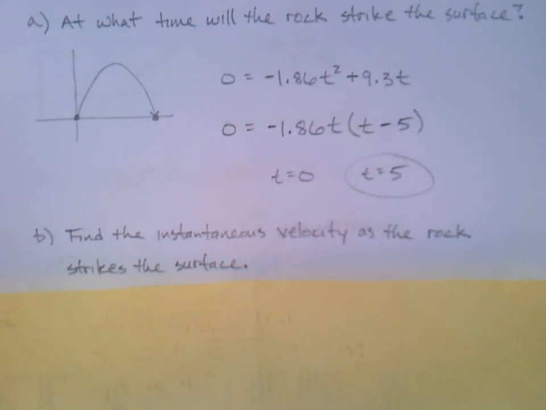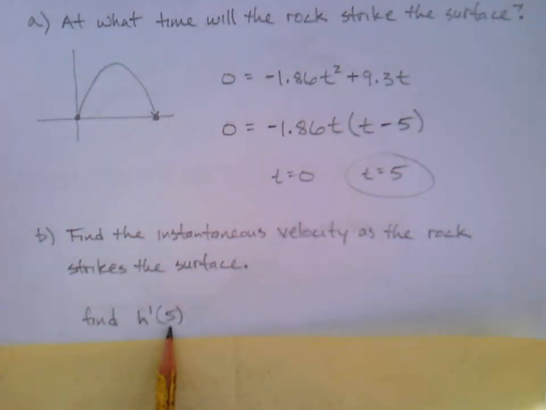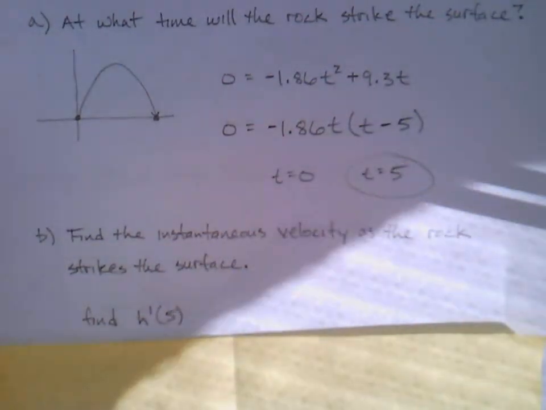So what do we need to do here to find the instantaneous velocity? We need to find the derivative of our function h at the time that it hits the ground, right? Okay, instantaneous velocity at that moment.